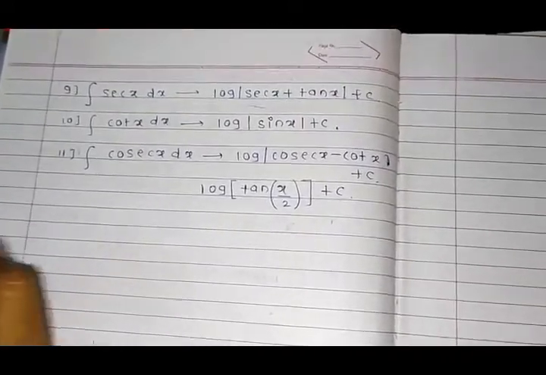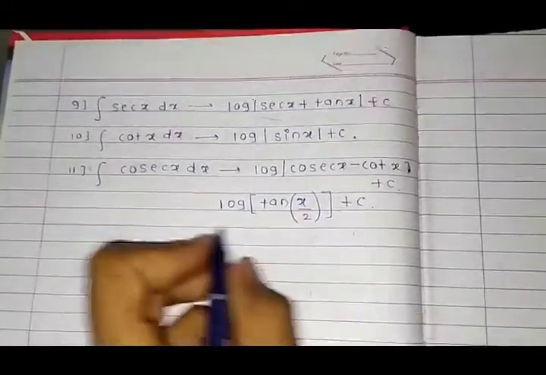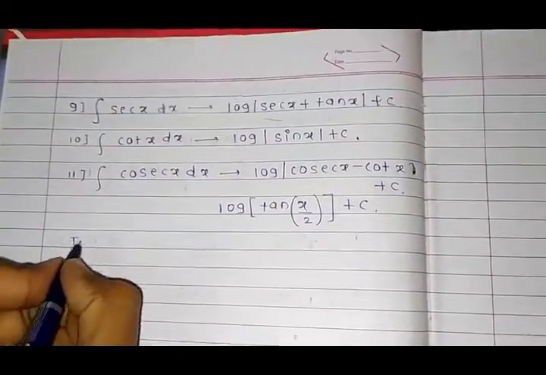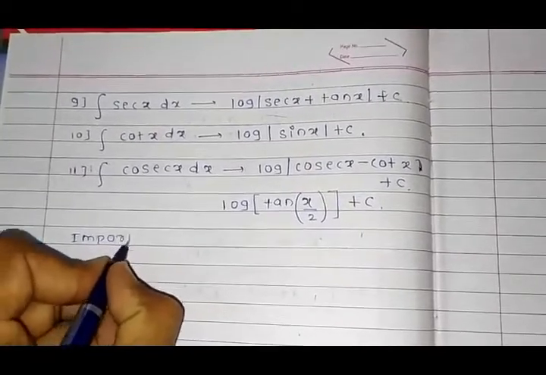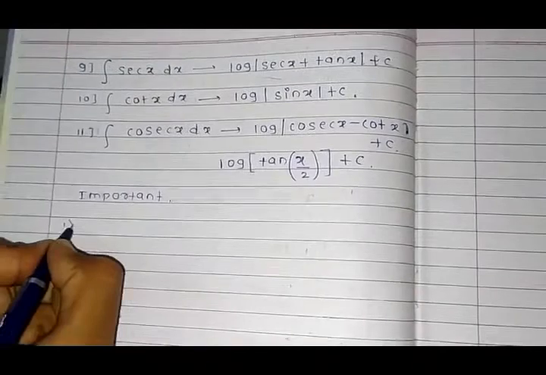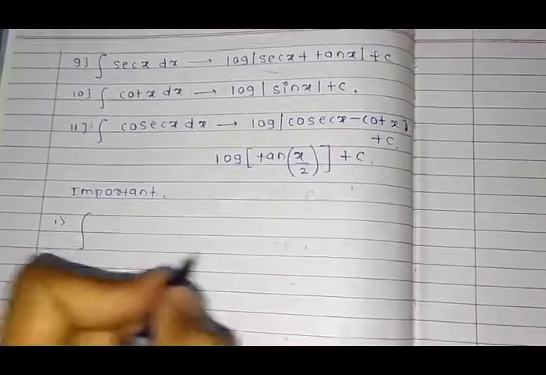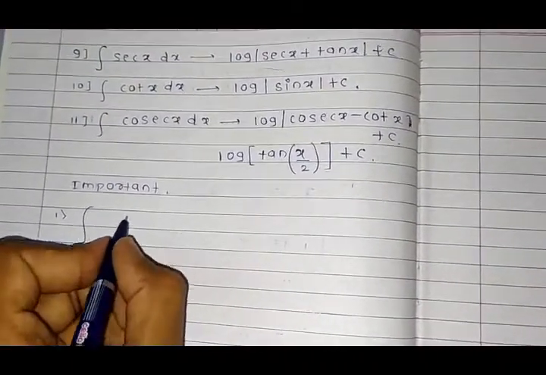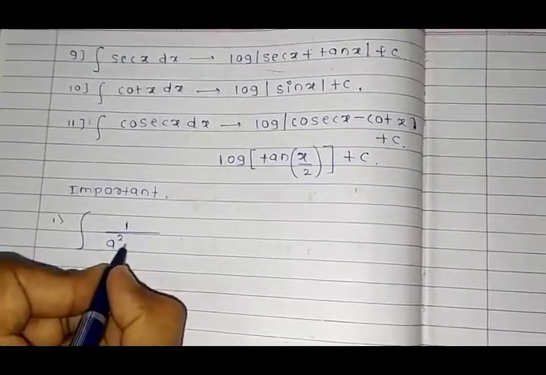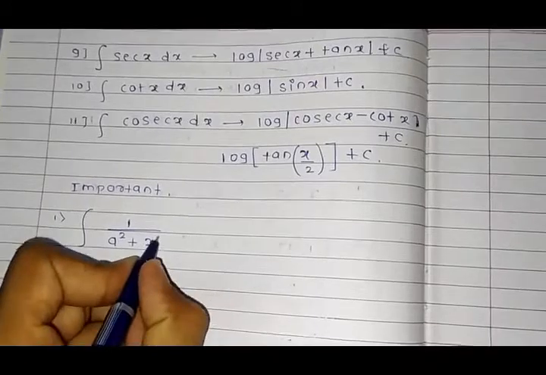Now the basically important formulas of integration: 1 upon constant square plus variable square.